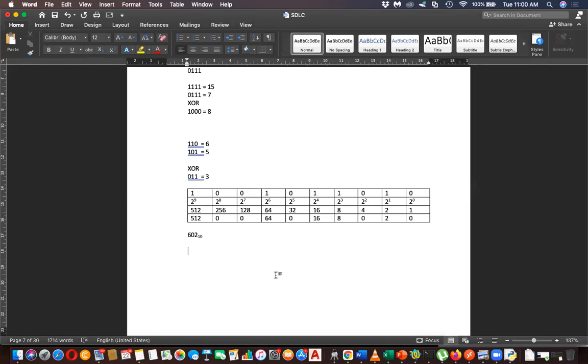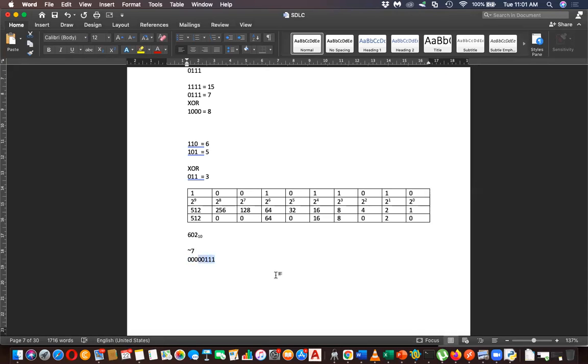So what's happening when you say not 7? 7 is 111. The sign of this is 0, because it is plus 7. If you have 8 bits, you can write 0 0 0 0 0 1 1 1, where the first bit is the sign.